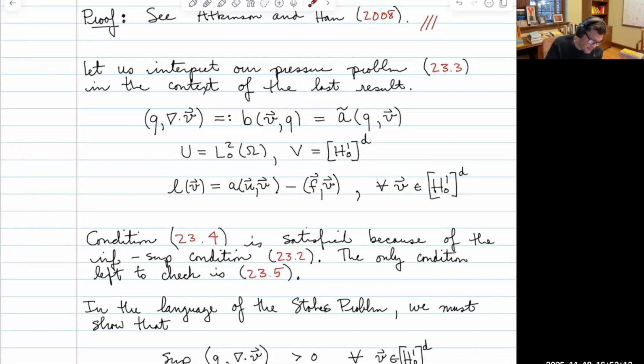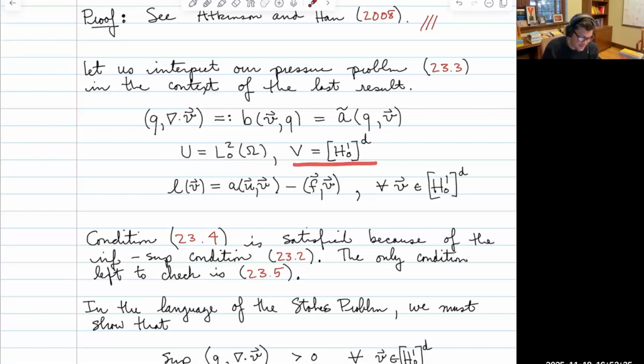So A tilde(Q,V) is going to be our B bilinear form, which is defined like that. Remember, that's the thing that has to appear in the numerator of the quotient in the Inf-Sup condition. U we're going to take as that space of L2 mean zero functions.